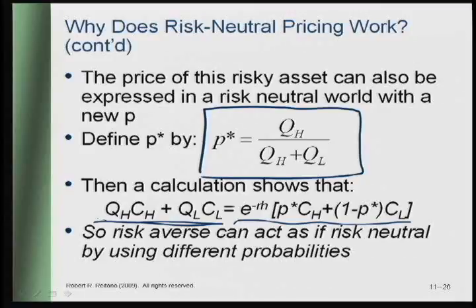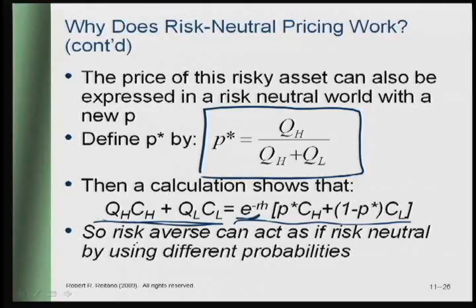We can eliminate, in a sense, the utility function, and it all goes into the P star. The discounting does not, though. The discounting stays outside. So a risk-averse investor can act as if they're risk-neutral if they simply change their probabilities.